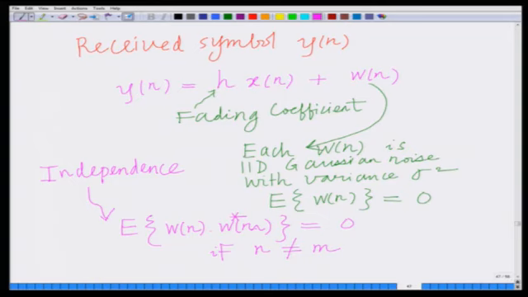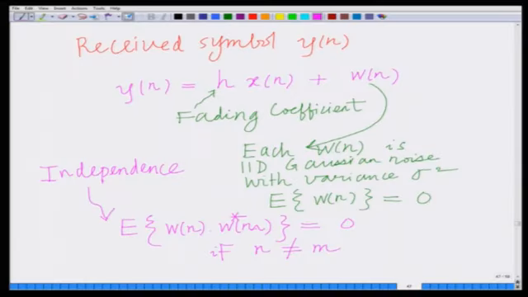The noise samples are Gaussian, independent, identically distributed, each has power or variance sigma square, each is 0 mean, and since they are independent and 0 mean, the correlation between two distinct noise samples is equal to 0.